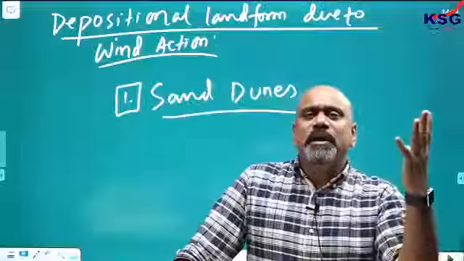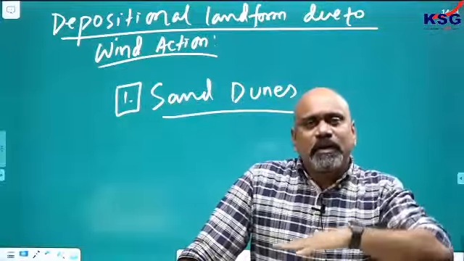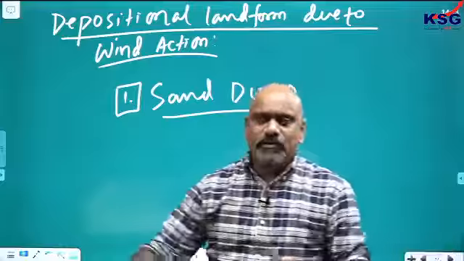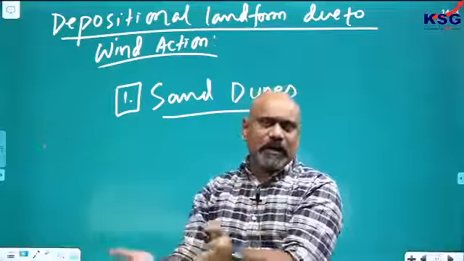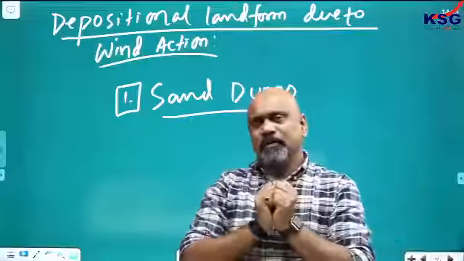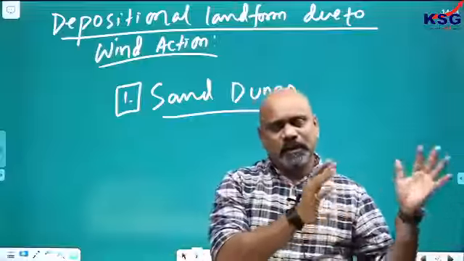These are depositional landforms developed due to the action of the wind. Somewhere it takes all the sand from one part and gets deposited somewhere, due to the saltation and transportation process.